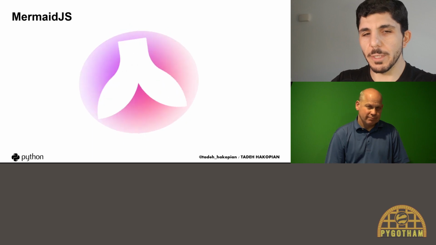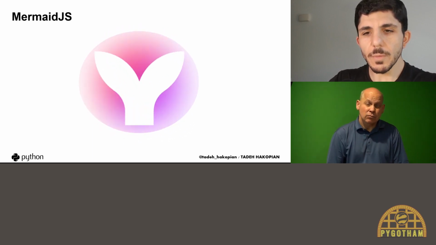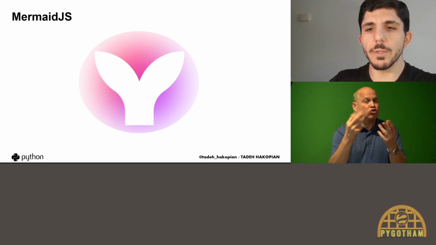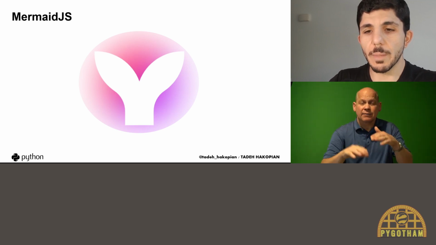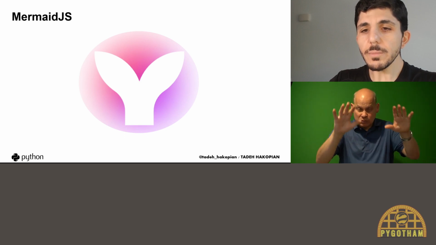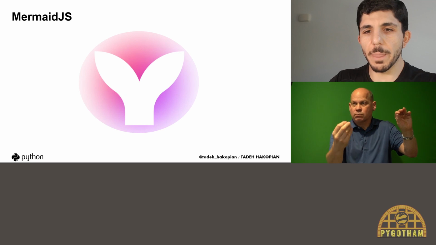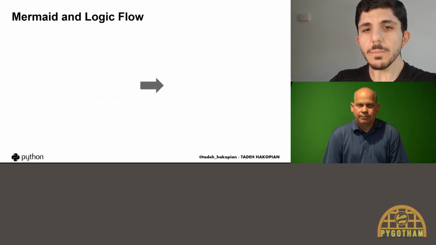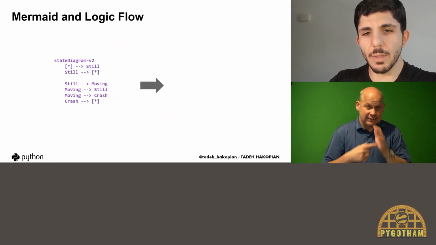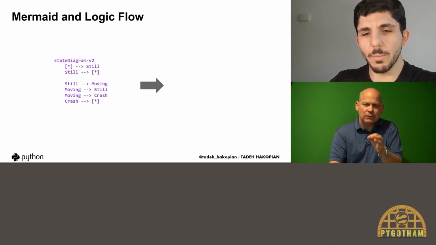Mermaid.js is a free to use open source software that you just use basic markup language to create diagrams. So you put the language in, diagram comes out. Like this example. The example here is just describing a simple flow.